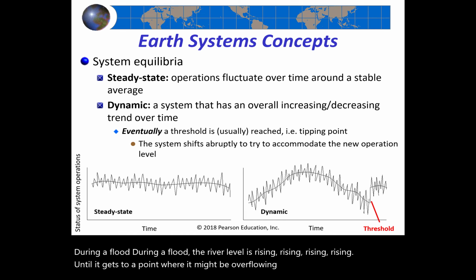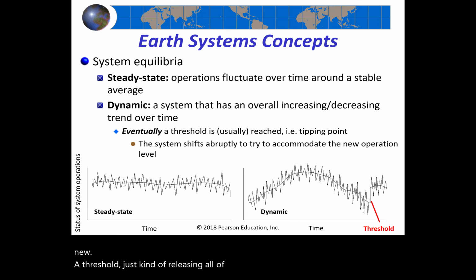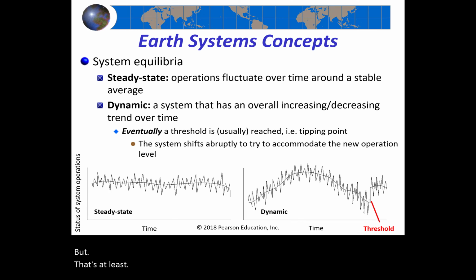That would be its new threshold, just kind of releasing all of that water because it can't hold it anymore. And then eventually the flood waters recede and it goes back to its regular flow level. But that's at least one example of a dynamic equilibria condition.